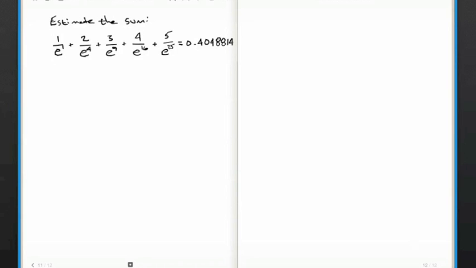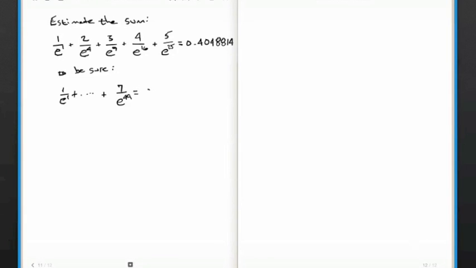0.4048814. Well, what if you try that again, just to be sure, and you say it's 1 over e to the first plus dot dot dot plus 7, so we're going to the 7th term, over e to the 49th, and what is that going to equal?